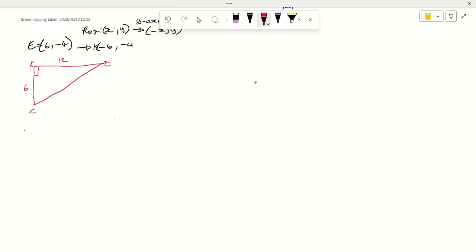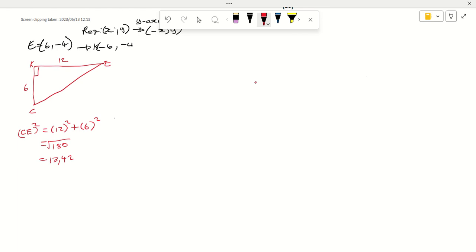But we know that CE squared is equal to 12 squared plus 6 squared, and we take that from Pythagoras theorem, because we have a right angled triangle and we need to find the hypotenuse. So now this would be the square root of 180, which is 13,42.